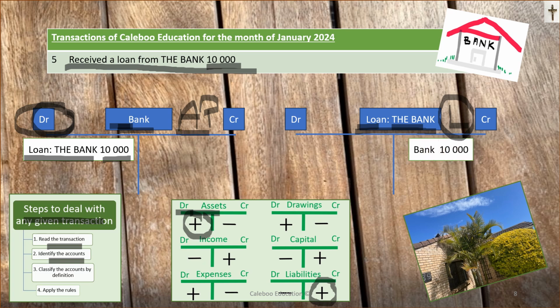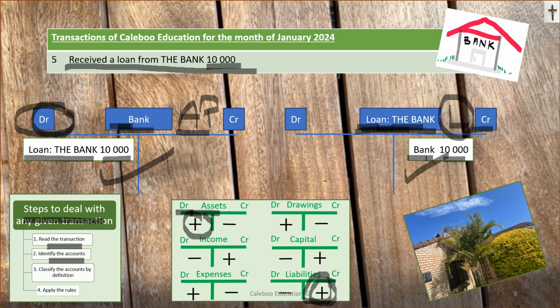But what happened to the account loan, the bank? It got credited because it was an increase in liabilities. And under details, you're going to have the name of the contra account to loan the bank, which is just the bank account of the business, and the amount is 10,000. So bank was debited, and loan was credited.